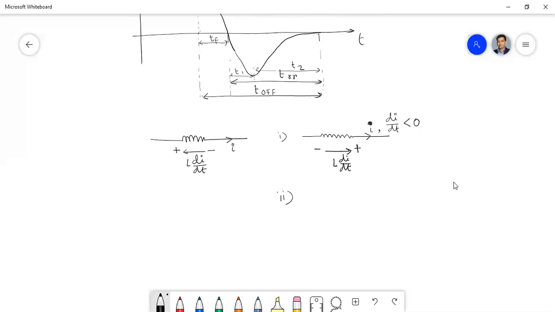Now the second point, I have the same inductor, but the current in the reverse direction. So that means this is a negative current, and di/dt, what is the value of di/dt? Again, that is also negative. For which state am I talking about this?